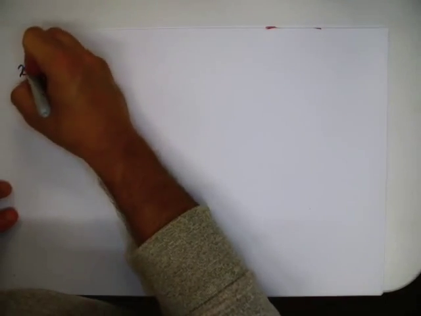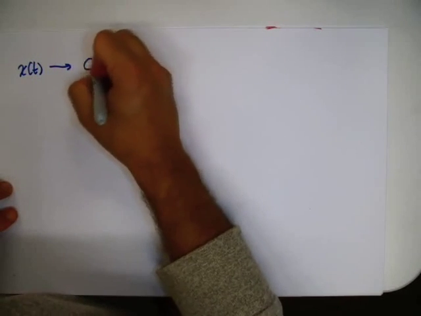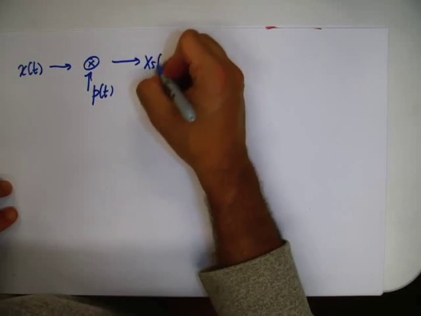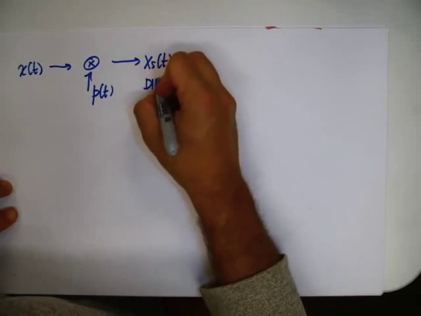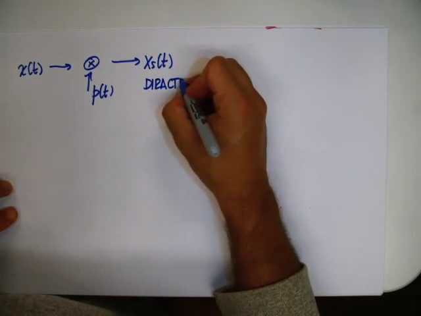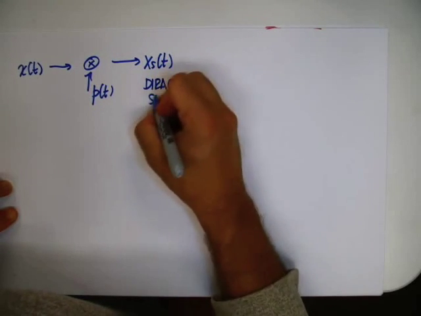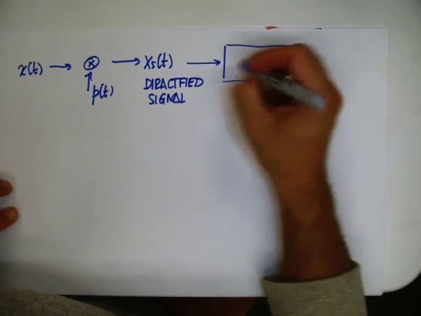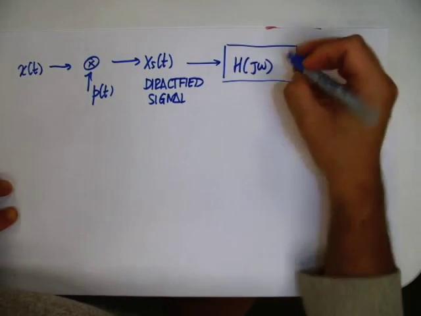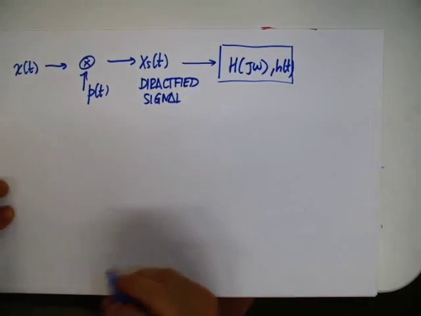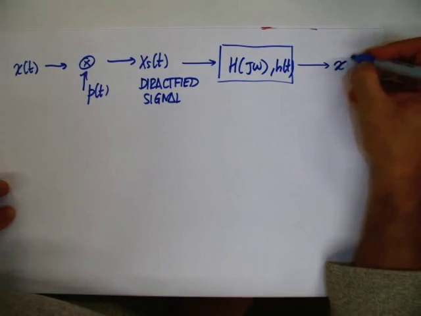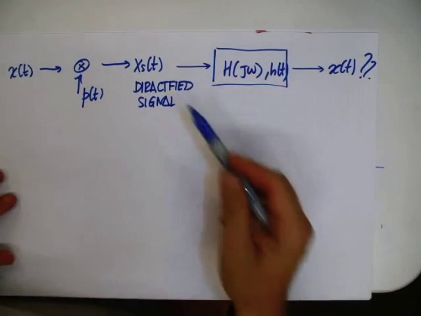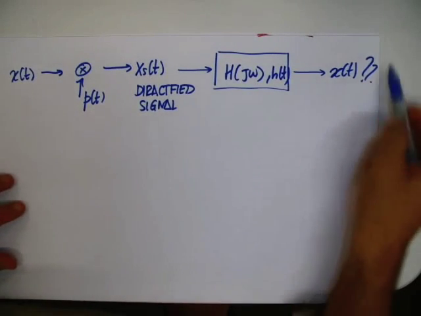Because let's go back to our main goal. So we have the continuous signal, we multiply it by the Dirac train, and we get the Diractified signal. And now, we would like to design a filter, H of j omega, or impulse response h of t, which will recover the original signal.